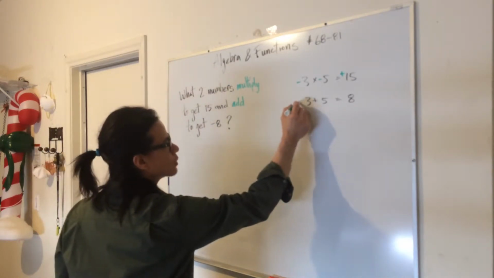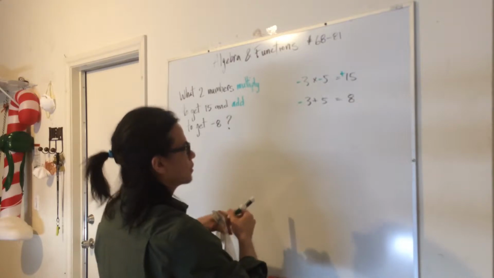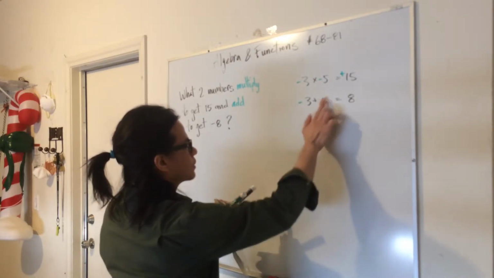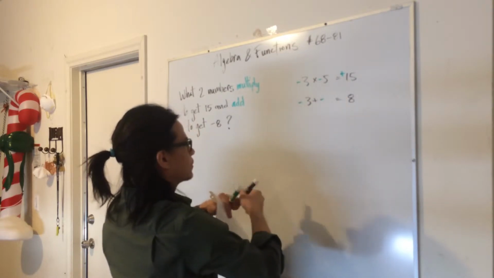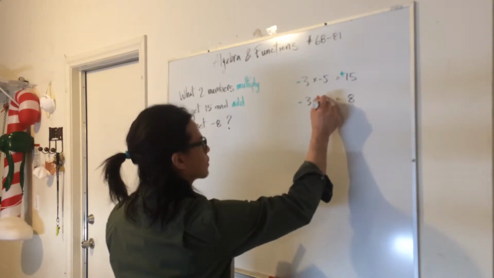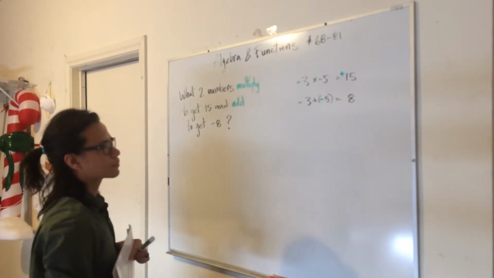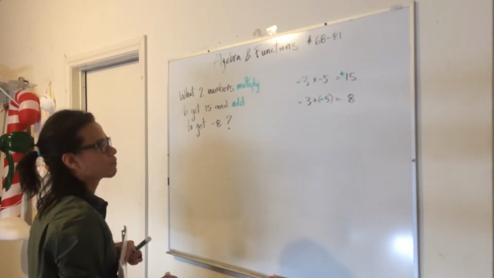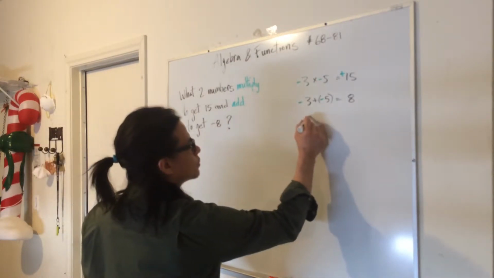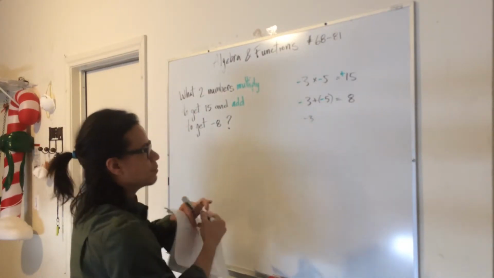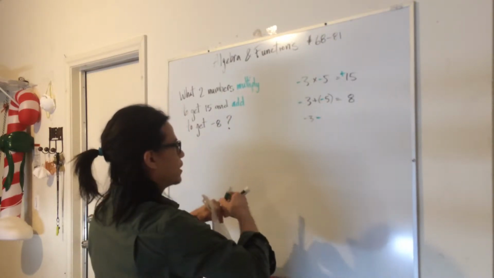So this is the direction that we're heading. Okay, so let's take a look at this. Negative 3 plus negative 5. Okay, so you can put that in parentheses. Negative 3 plus, and a plus and a minus next to each other become minus 5.